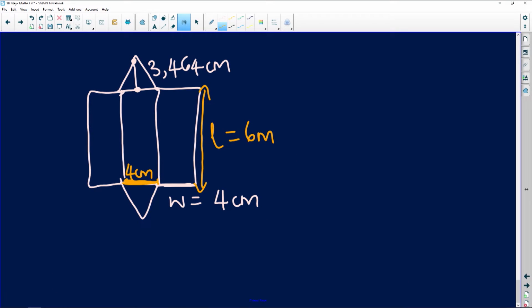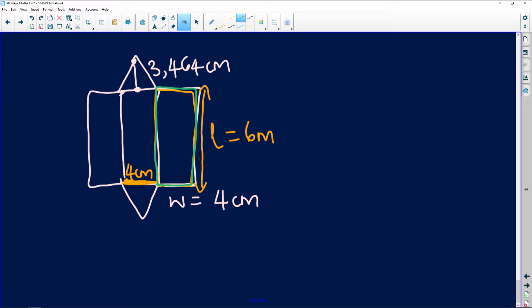Another thing that you need to remember with shapes, know the properties of the shape. If you don't know the property of the shape, then you are going to start panicking when you're being given questions like this. What do I mean by know the property of a shape? Let's look at this. We are told that we are being given rectangles. This is a rectangle. If this is a rectangle, I know that the opposite sides are parallel and equal.